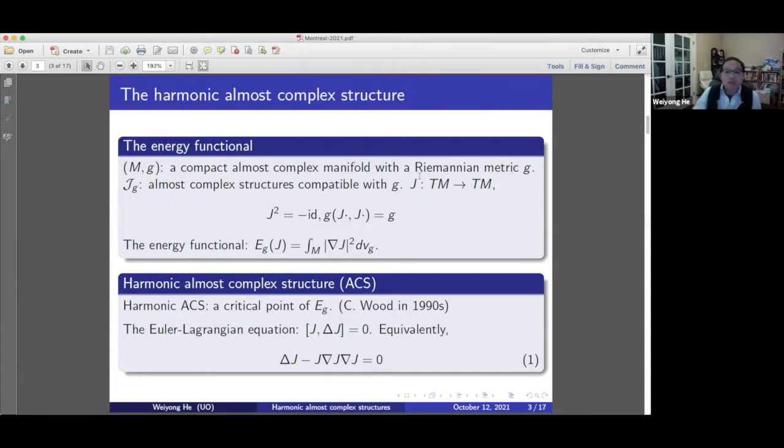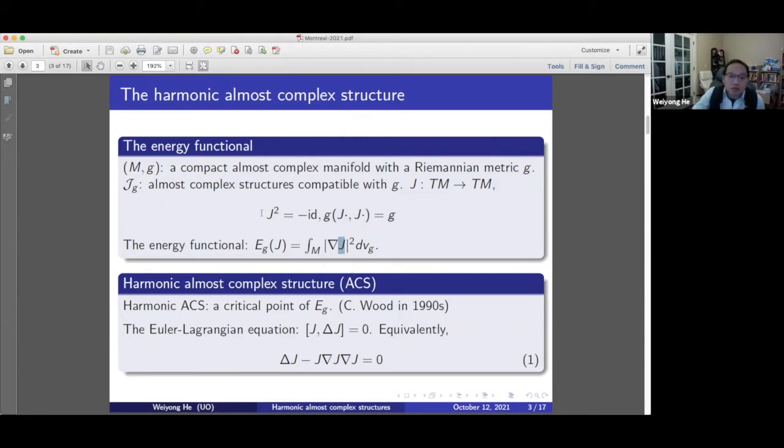The compatibility condition is an algebraic condition that basically says J is orthogonal with respect to G. So the energy function is just the L2 norm of the gradient of J. And this functional was studied in the 1990s by Wood, apparently as a parallel story to harmonic maps, or harmonic functions in general. So this is the Dirichlet energy.